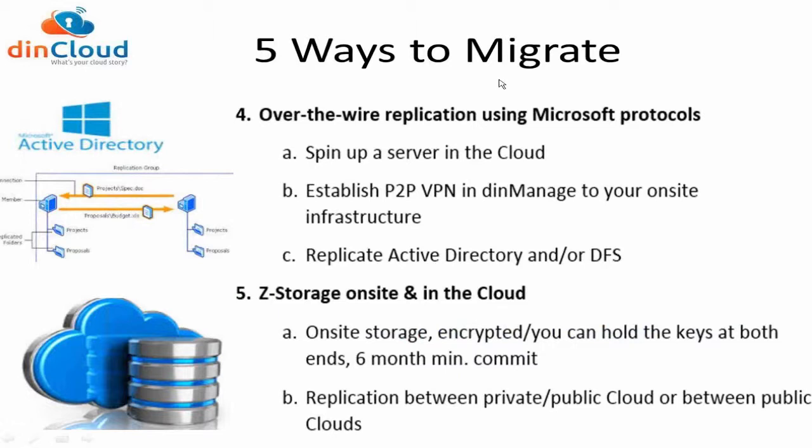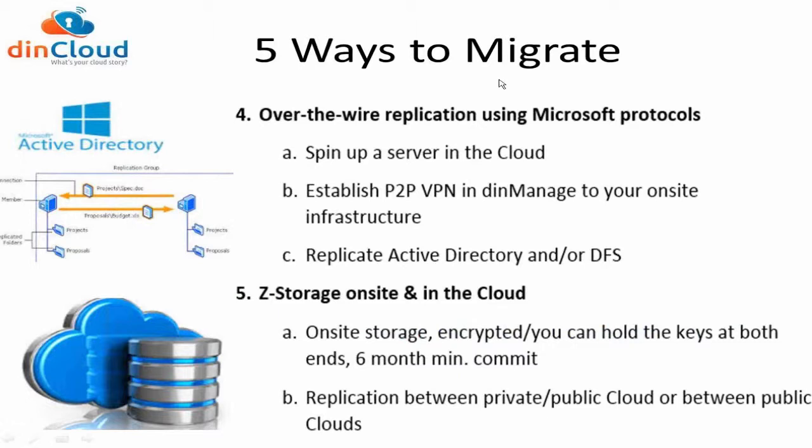The other protocol is DFS, or Distributed File System. So almost everyone has a Microsoft file server with all their important files on it that all the users in your network, in your office, and sometimes many offices, are storing their files on. If you install Microsoft DFS, which is free, on top of the server, you can then use that protocol to replicate all those files up to the cloud, bidirectionally.